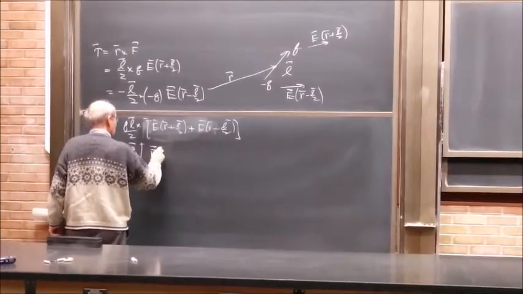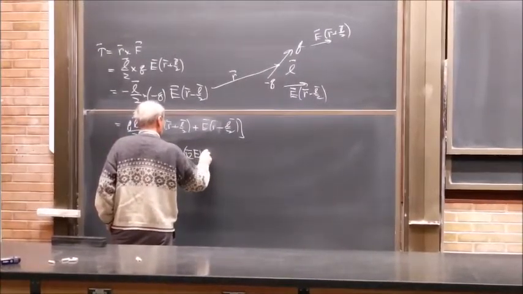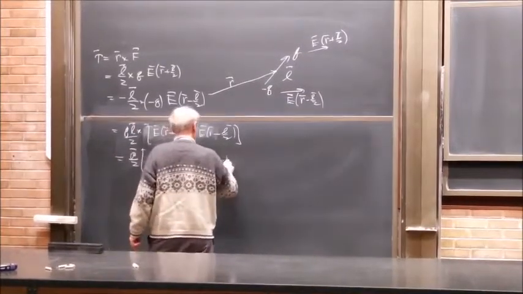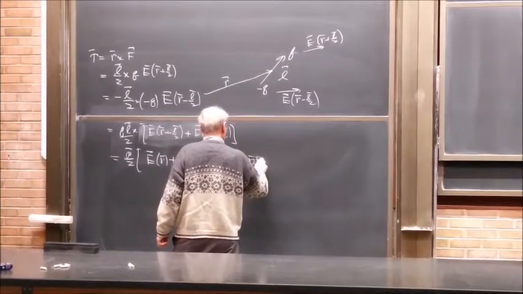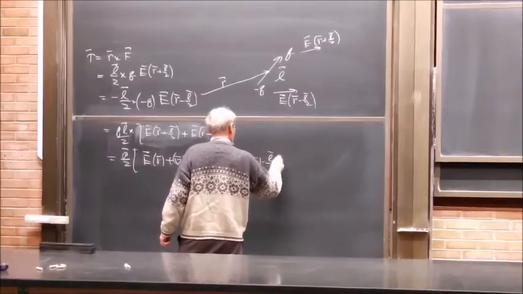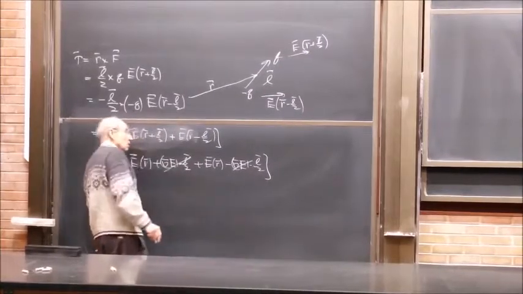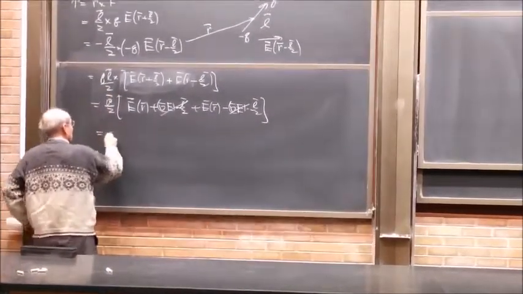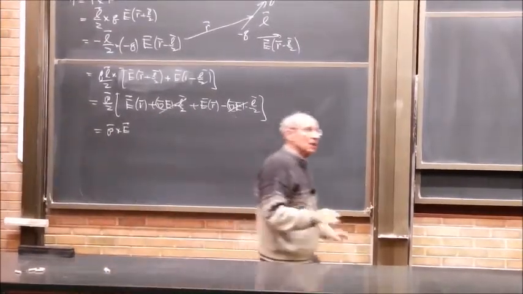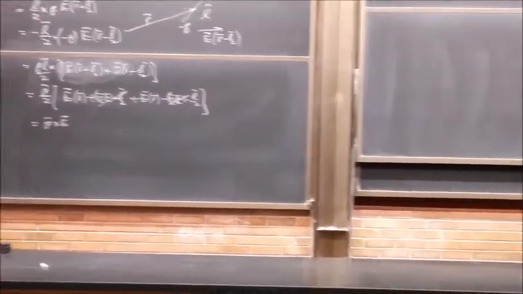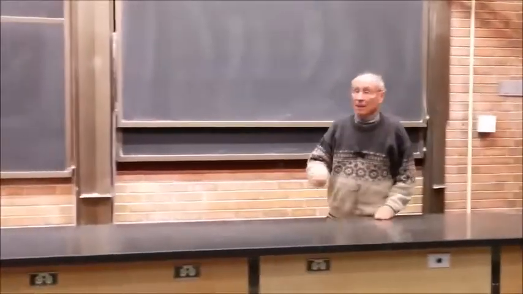For this one, we write E of R plus grad E dot L over 2 plus E of R minus grad E dot L over 2. So these terms cancel out. And we simply get 2E of R over 2, which gives you P cross E. So the torque exerted on a dipole in a field is just the dipole crossed into the field. Okay with everybody?